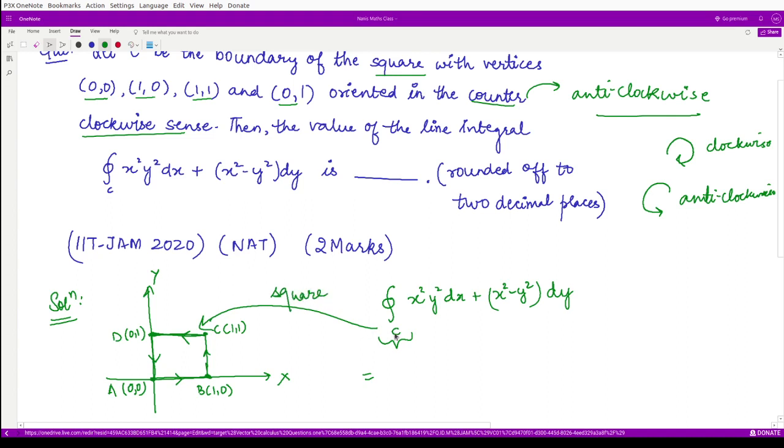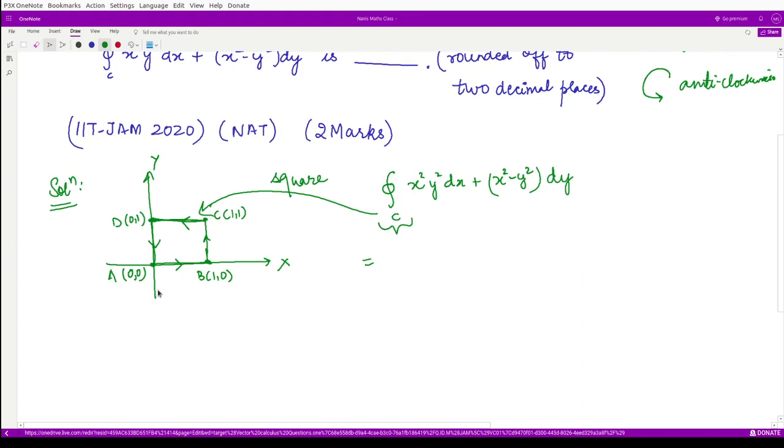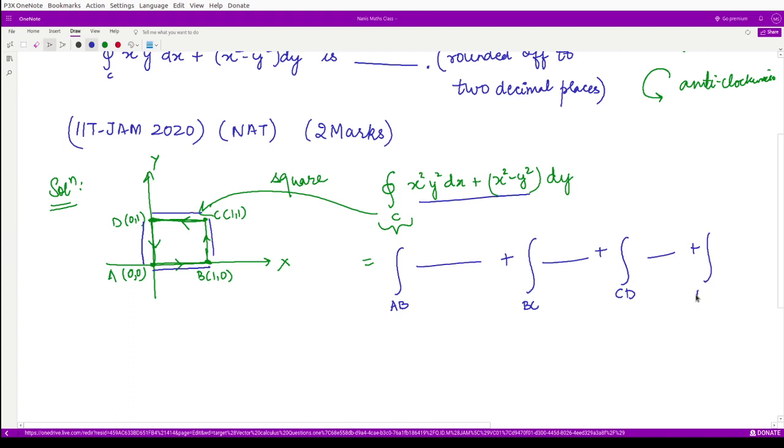So we can separate this integral into 4 parts corresponding to each of these line segments: AB, BC, CD, and DA. I can write this as the sum of 4 integrals, first defined over AB, plus the one over BC, plus over CD, and then plus over DA.